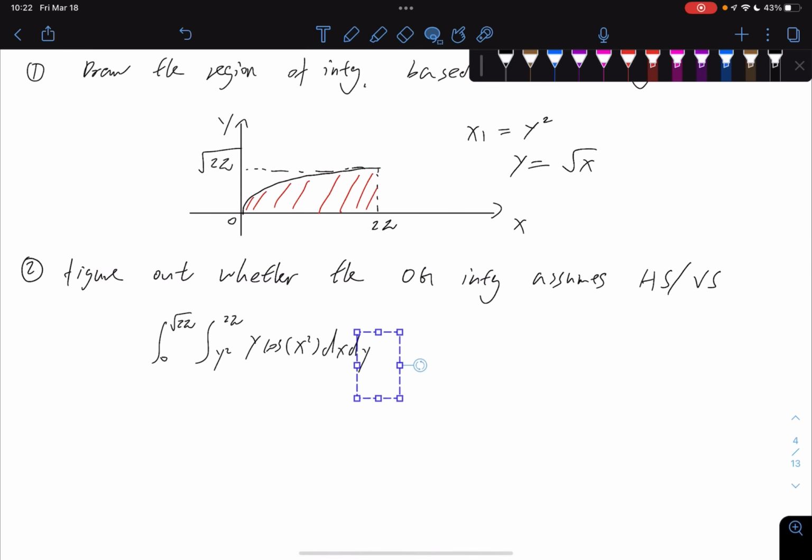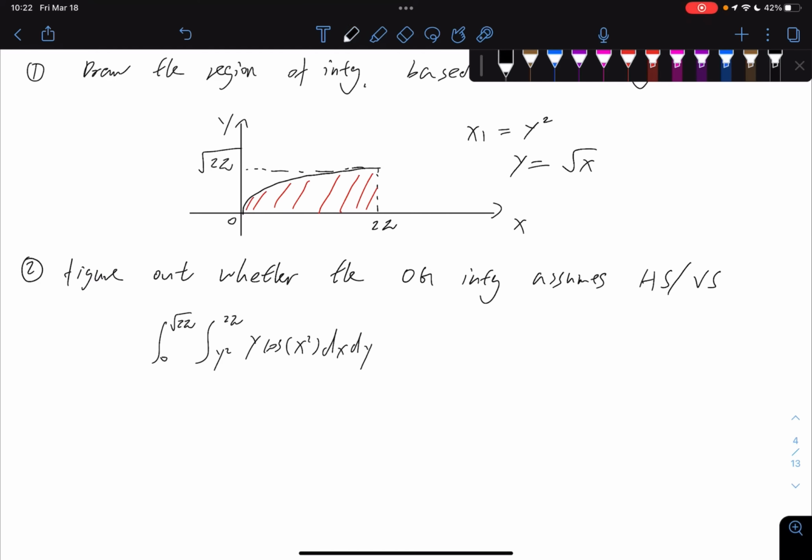The easiest way that we can tell whether this integral assumes horizontally simple or vertically simple is by looking at the first variable of integration. If you integrate with dx first, x is going horizontally, so that integral assumes horizontally simple. And if the integral starts with dy first, dy is up and down, so that means the integral assumes vertically simple.